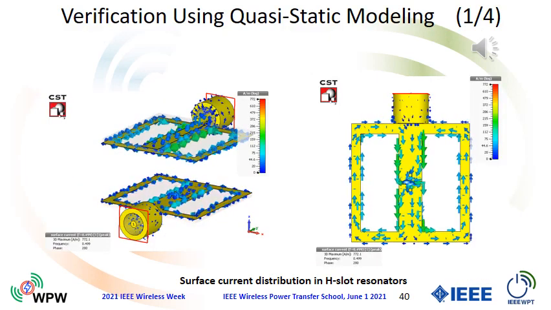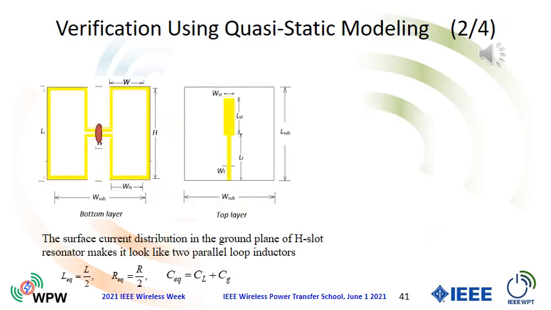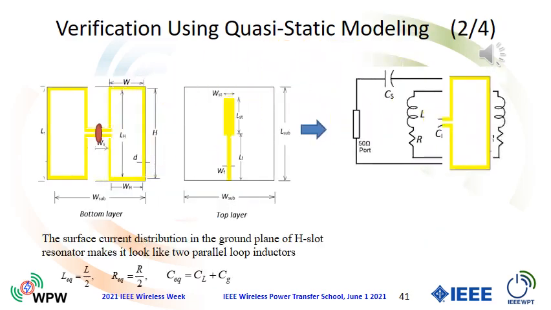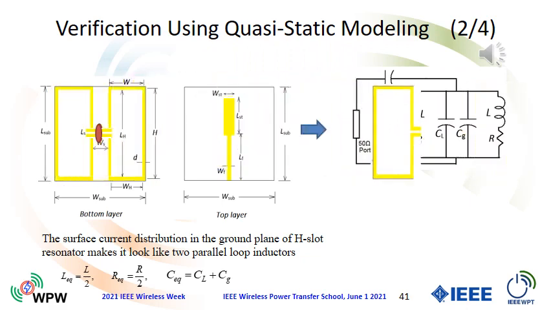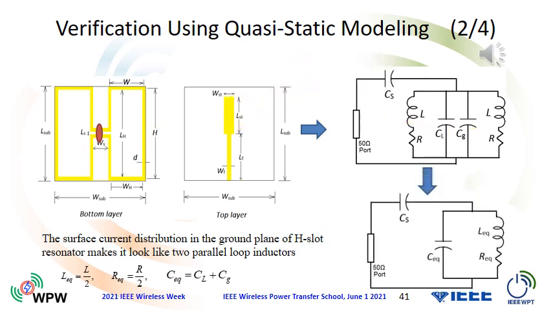This slide shows the surface current distribution and orientation in each slot. The surface current distribution in the ground plane of each slot resonator makes it look like two parallel loop inductors.